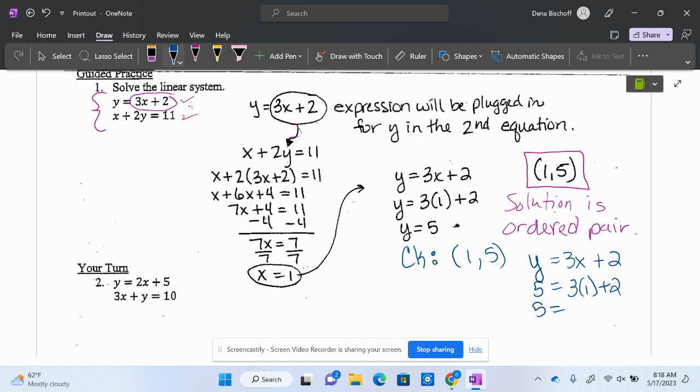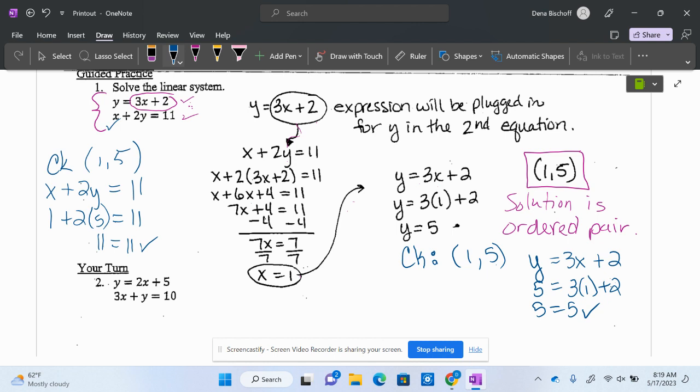Well, 5 equals 3 times 1 is 3 plus 2 is 5. That's true. Let's check the second equation right here. Again, I'm checking with the ordered pair 1, 5. So the equation is x plus 2y equals 11. X is 1 plus 2 times 5 equals 11. 2 times 5 is 10 plus 1 is 11.